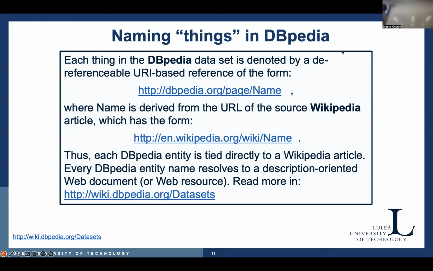So this is the format of the URI that you can use to access names in DBpedia. And there is a link to the corresponding URL on Wikipedia for this data.